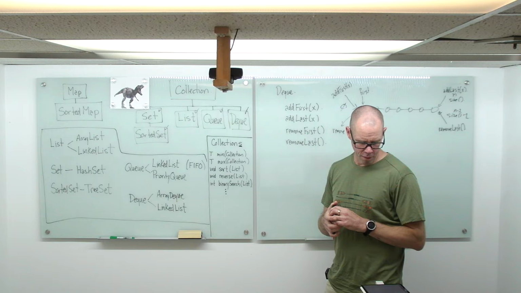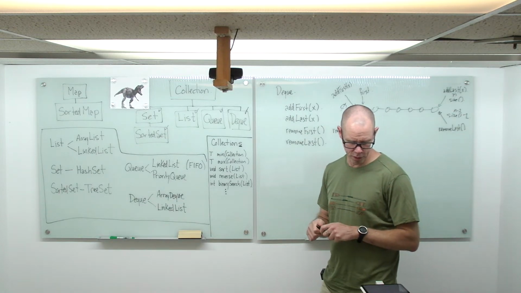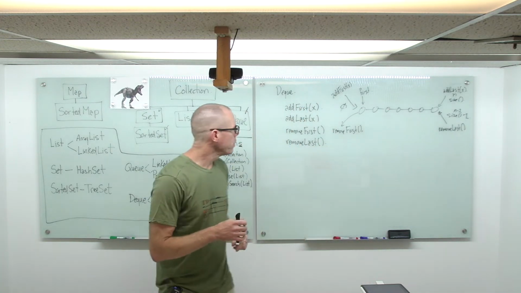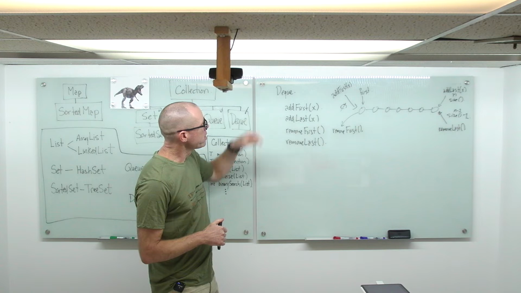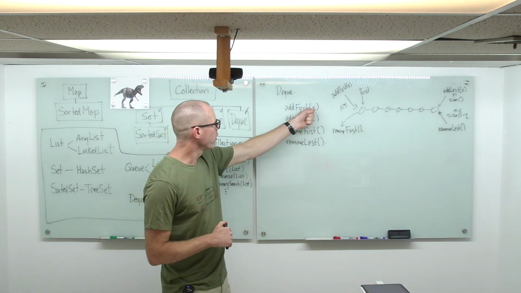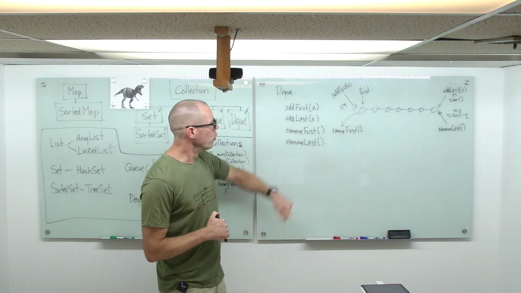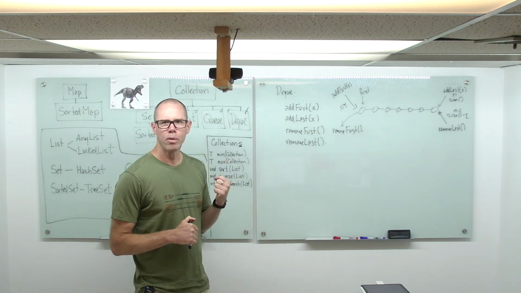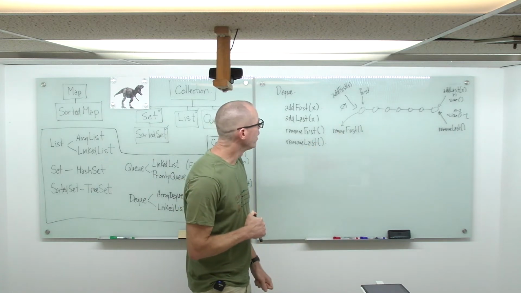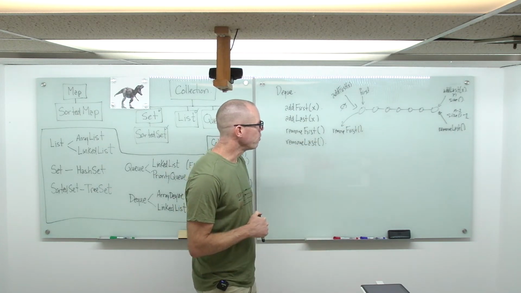Is it necessary to have the element x in add first and add last, whereas remove first and remove last don't have it? Yes, because when I want to add something, I have to tell you what it is that I'm adding. So that's why there's an argument x. But if I tell you to remove the first thing, well, I don't get to tell you what to remove. What gets removed is the first thing. It's whatever happened to be there.